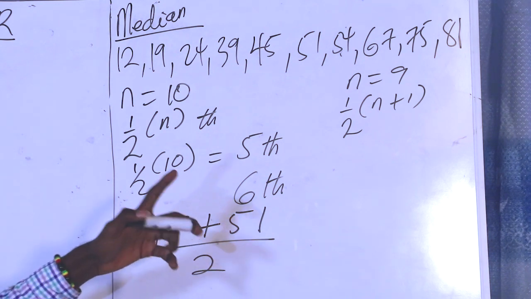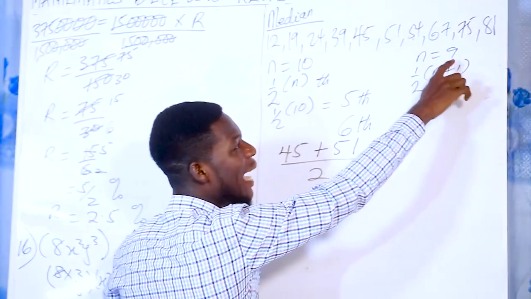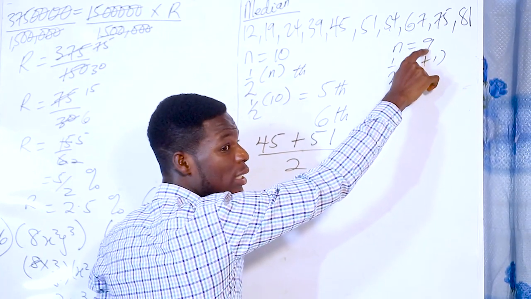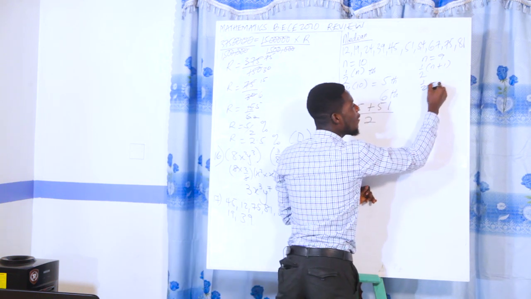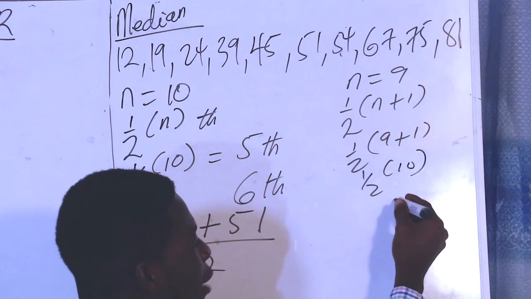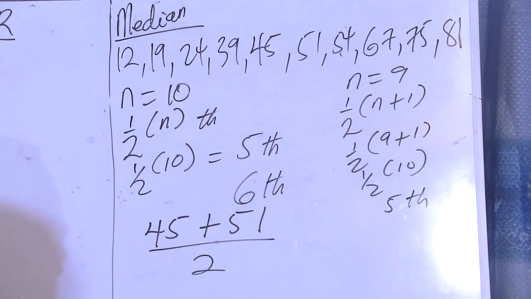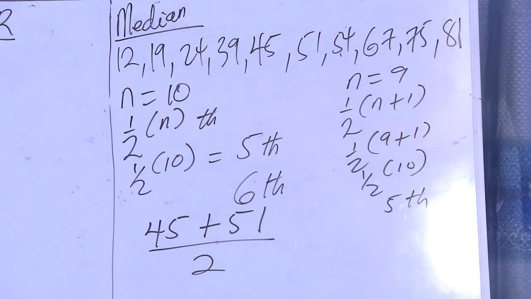So take notice of this as well. If the number of data is odd, then this is your formula. That will give you half of 9 plus 1, half of 10, and that will give you the 5th position. So when you start with this, you are finding the position of the median.